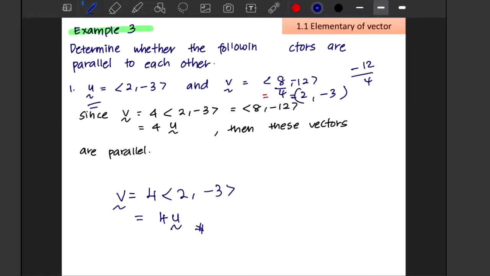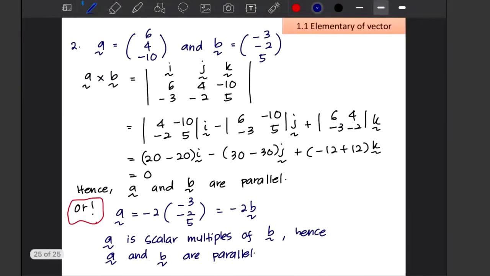Or you can compute the cross product. Okay, look at this example. We have vector A and also vector B. We know that if A cross B equals 0, then they are parallel. So after I calculate A cross B, I get 0. Then A and B are parallel.